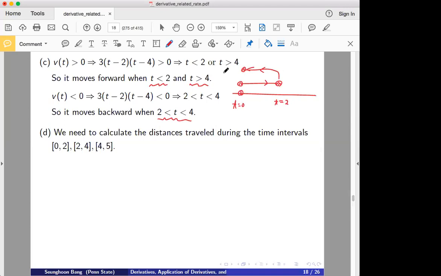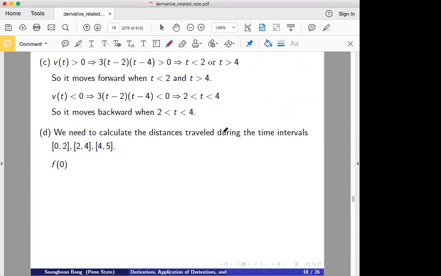At time t equals 4, moving forward again. So you can define the exact position at time t equals 0, t equals 2, t equals 4. The last one is t equals 5, the first 5 seconds. So you calculate f of 0, f of 2, f of 4, f of 5.